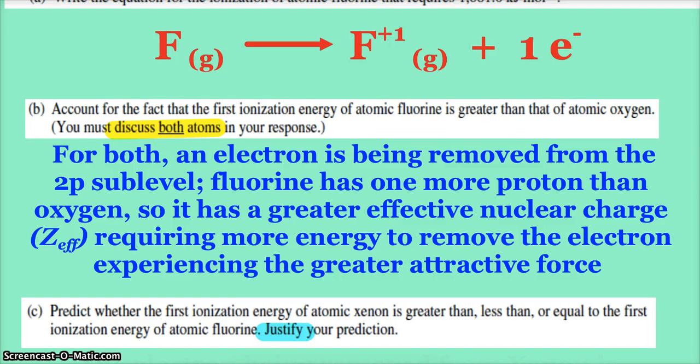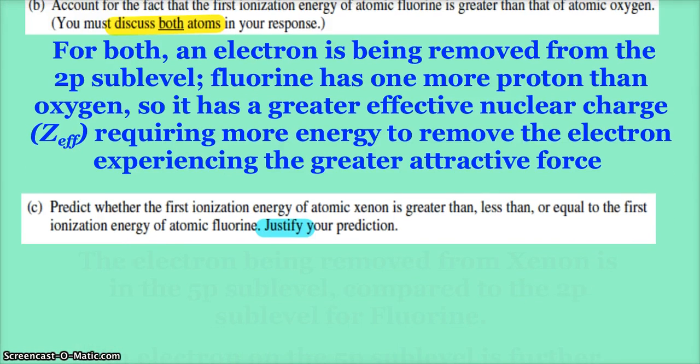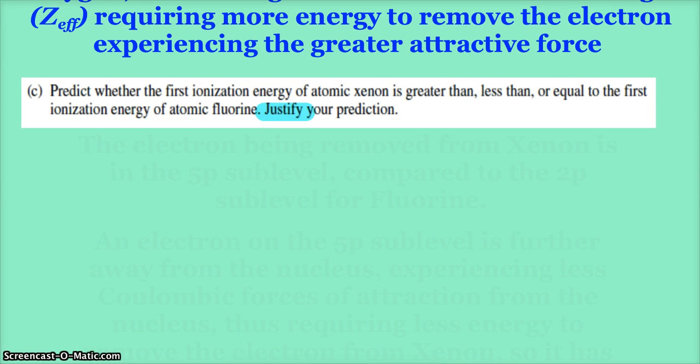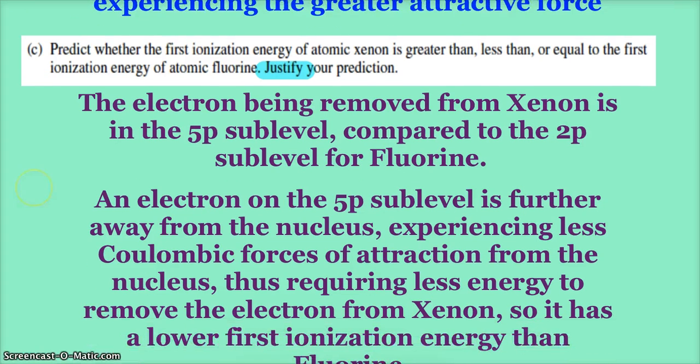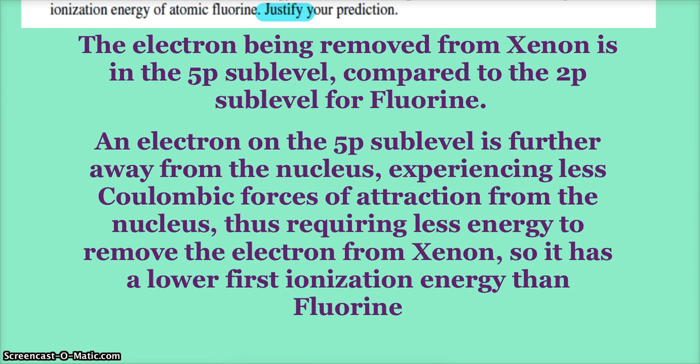Again, you got to look at where xenon is, and xenon is a noble gas, but way down the group. In fact, the electron being removed from xenon is in the 5p sublevel, from the 5th energy level, compared to the 2nd for fluorine.